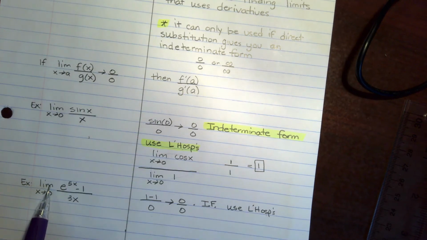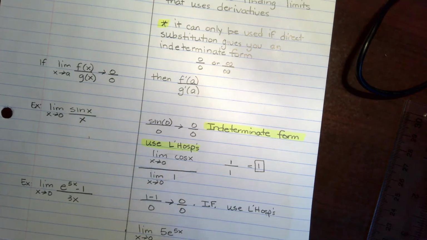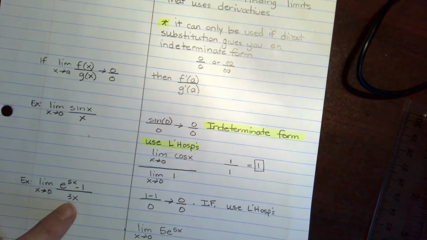Now I'm going to write this as two separate limits. So I'm going to do the limit as x approaches 0. Again, don't use the quotient rule. I'm going to use the derivative of the top, well, that's 5 e to the 5x over, and again, I'm going to write limit, and people forget to do this right here, the limit of 3x is 3.